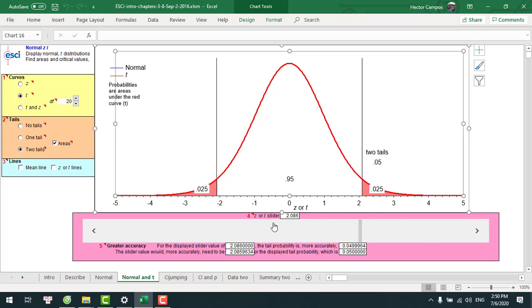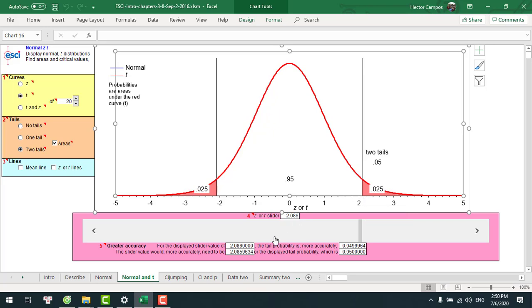Notice that now that I am in 95, I am not exactly at 2 standard deviations here. I'm now a little over 2 standard deviations. Remember when we did this with the z-curve? In the z-curve, the value was a little bit before 2. Here it's a little bit after 2.